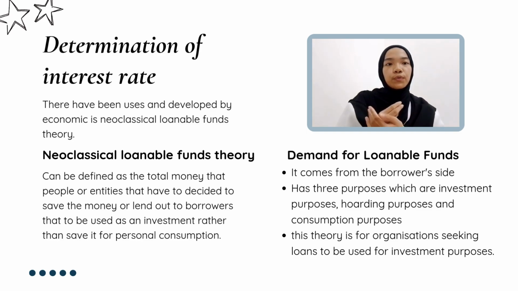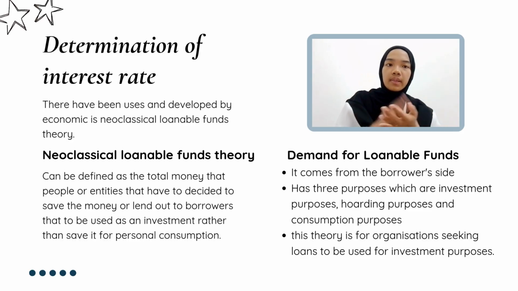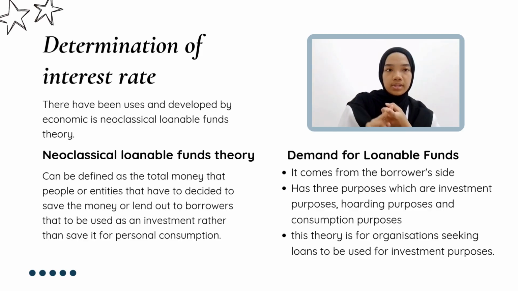Now we move to determination of interest rate. So, what is the determination of interest rate? The determination of interest rate that has been used and developed by economists is the neoclassical loanable funds theory.